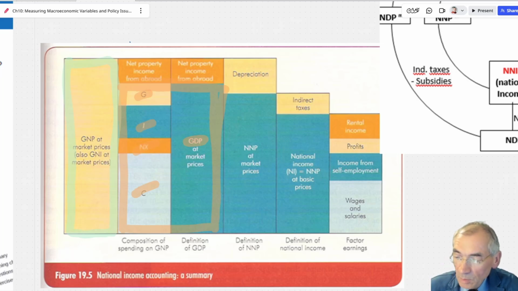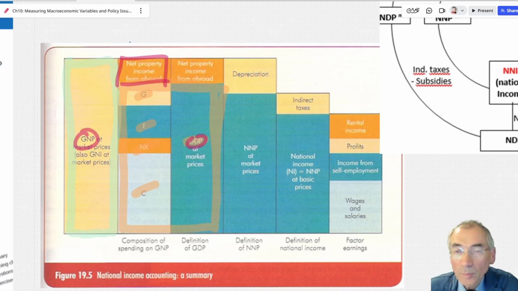So this is GDP. That's why the two columns are equal here. And we also see that the difference between the two, between GNP and GDP, is the net property income from abroad. That's the difference that we typically make.